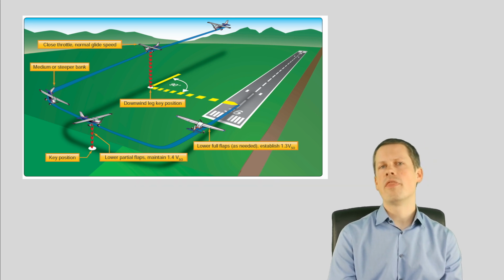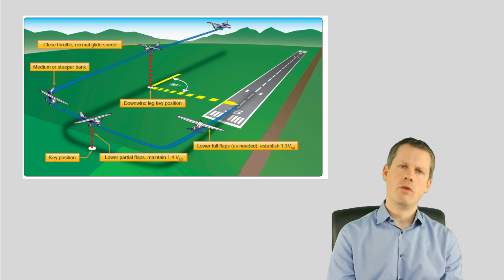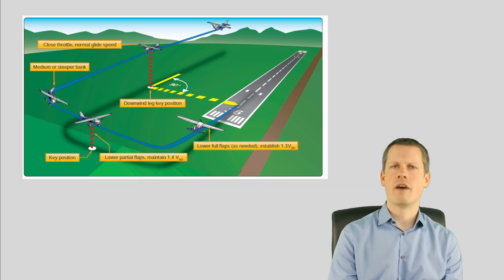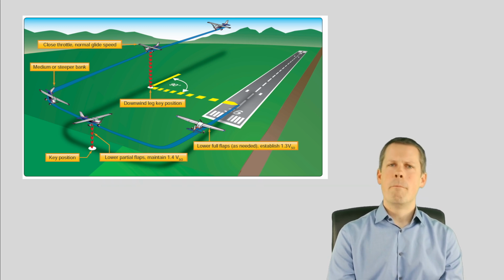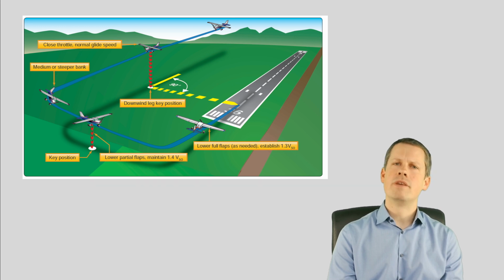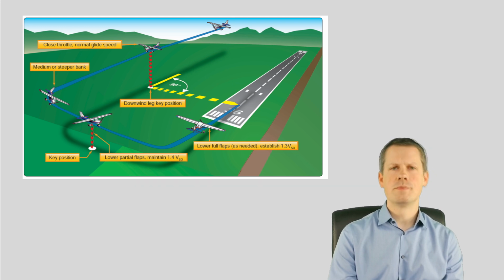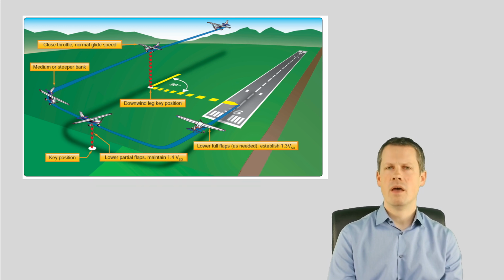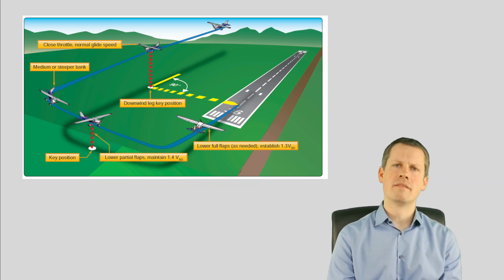This means for 1,000 feet of altitude loss, you will be able to travel 9,000 feet, which is more or less 1.5 miles. Many small airplanes have different gliding ratios, so 1.5 miles for 1,000 feet of altitude, that's pretty common.